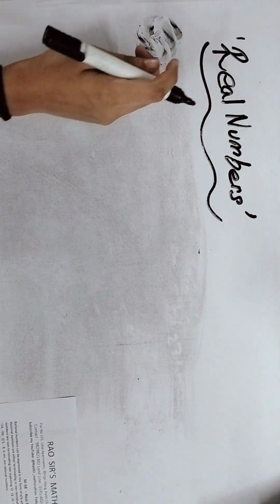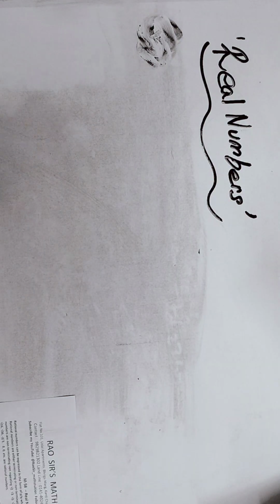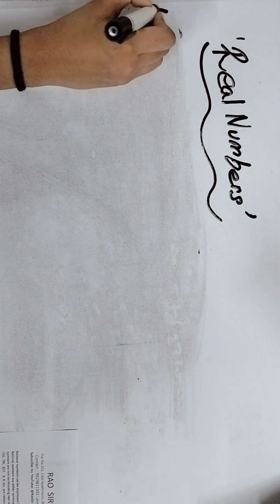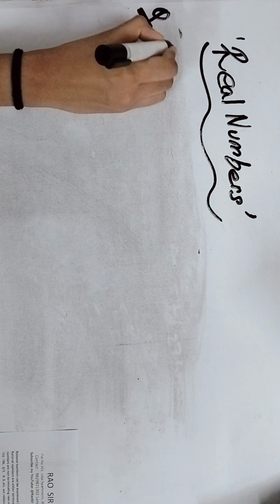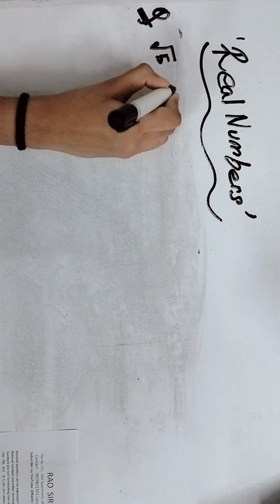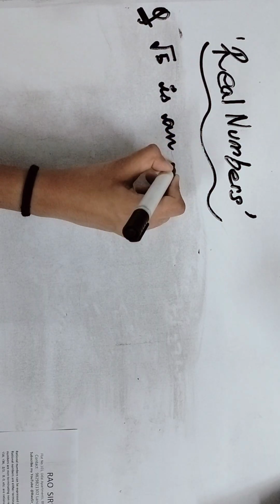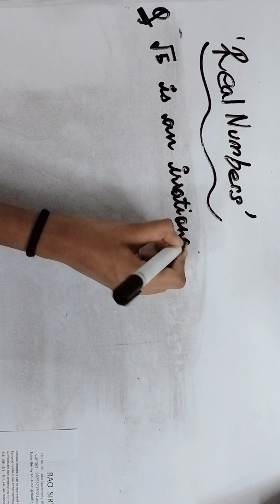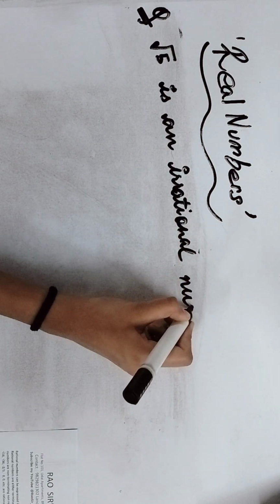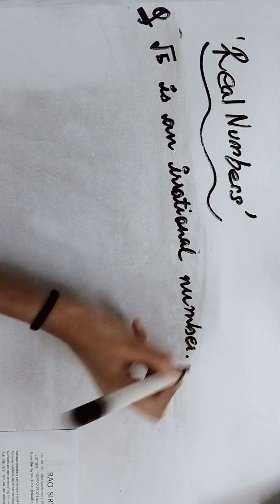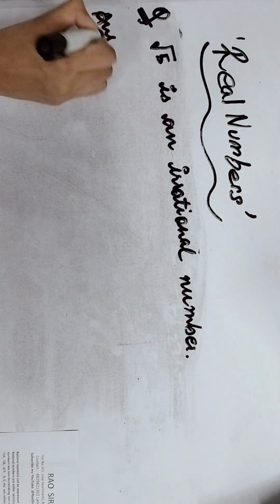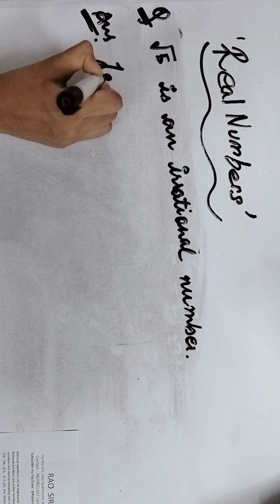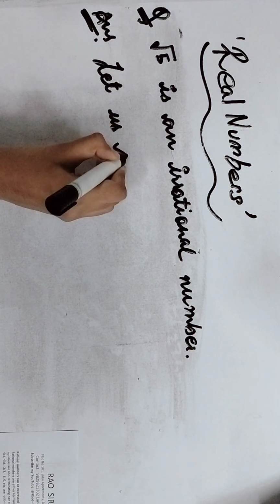Root 5 is an irrational number. Answer: let us assume that root 5 is a rational number.